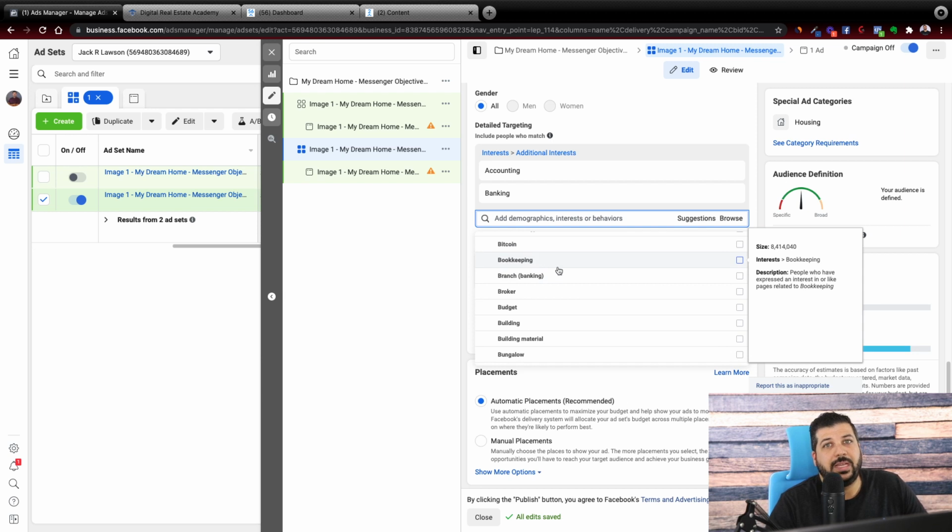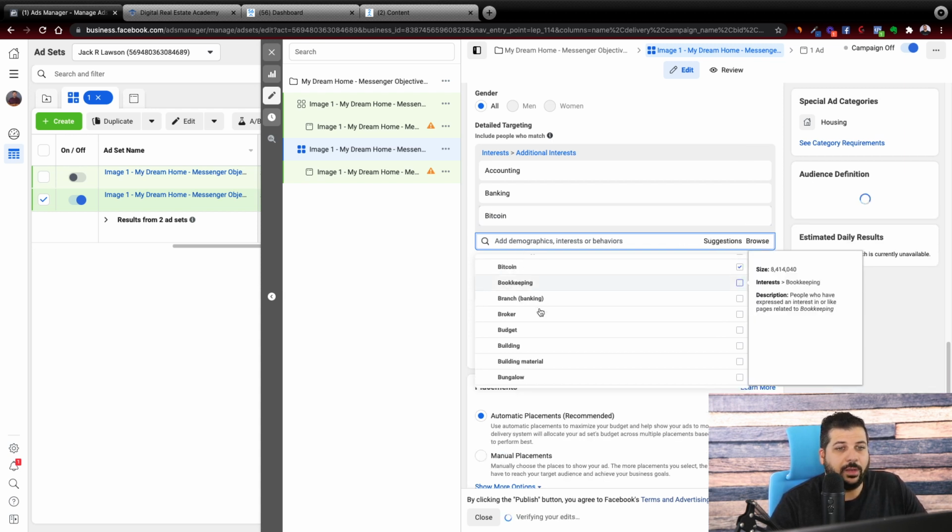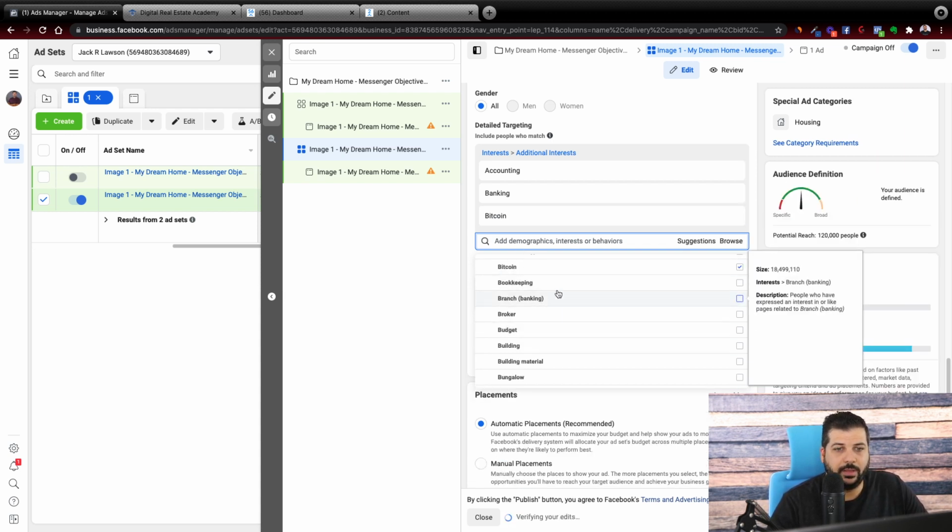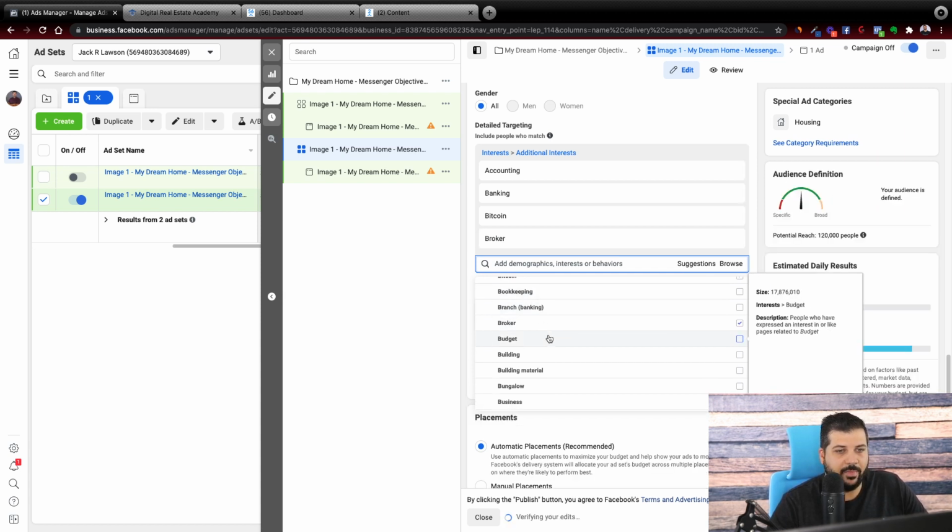It just means that they have liked something on Facebook related to banking. They're not checking the job title of the person. It's just checking the interest across the Facebook platform and everything connected with them. Maybe Bitcoin, depending on the day, if it's up or down. Broker, possibly have money. Budget, I don't know about budget.